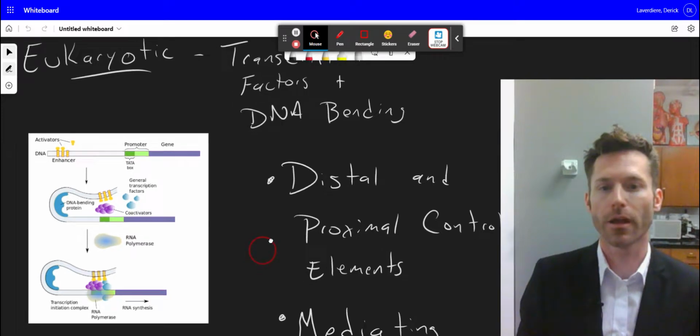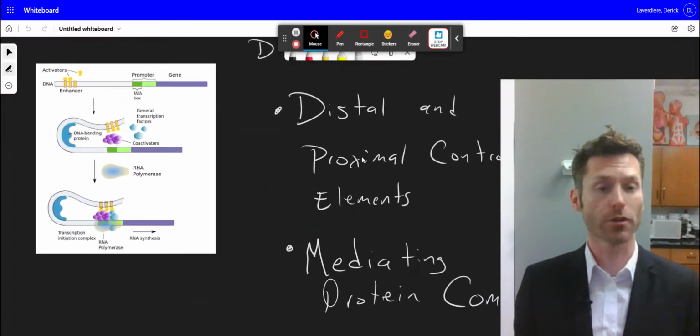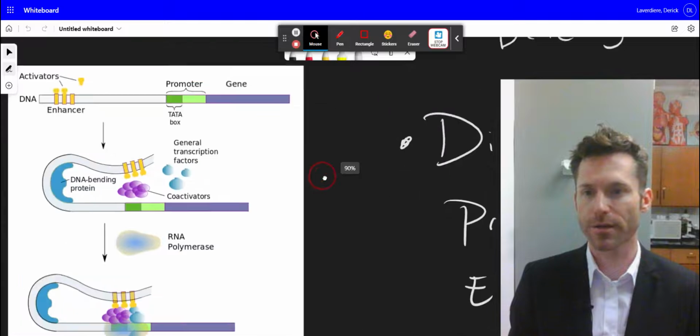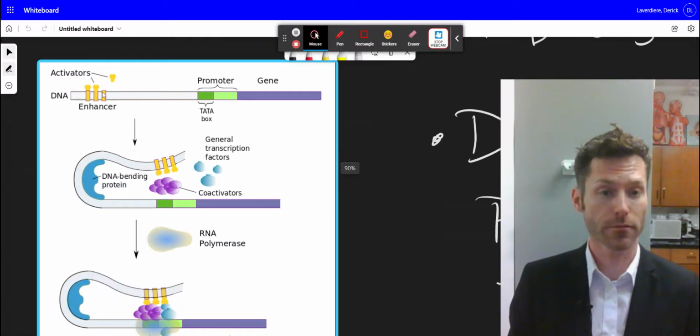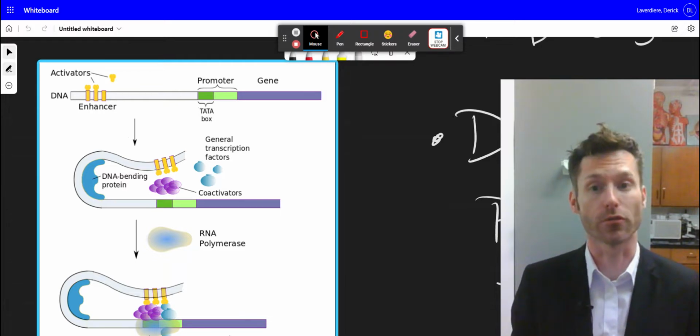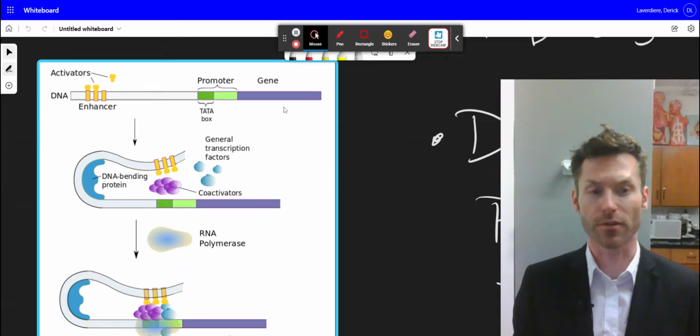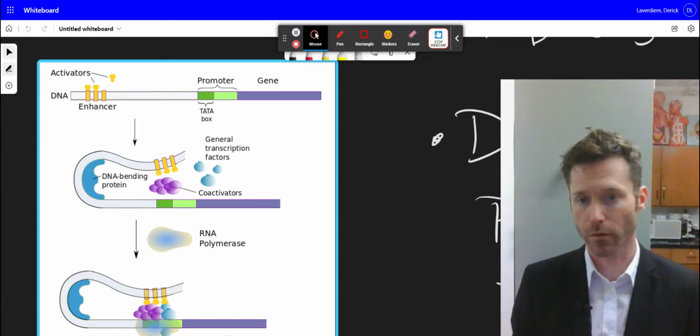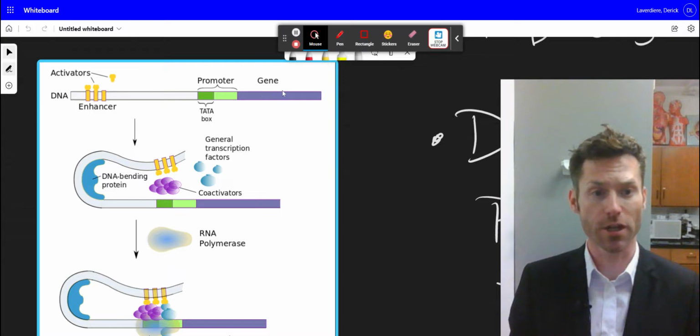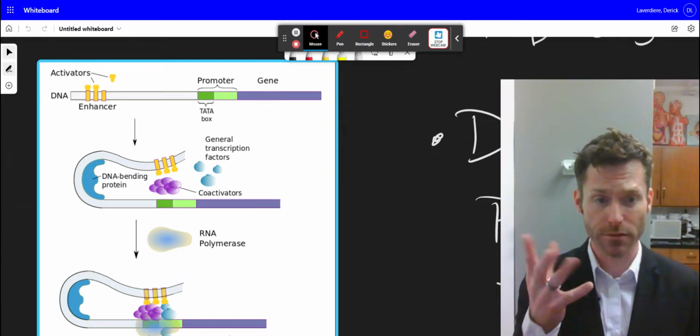All right. Our distal and proximal control elements are parts of the enhancer. That's our distal control element. And the promoter, that's where we find our proximal control element. So here's our overall structure of this mechanism for DNA bending. We have our actual structural gene. Again, it's just one in this case. We don't have them grouped.